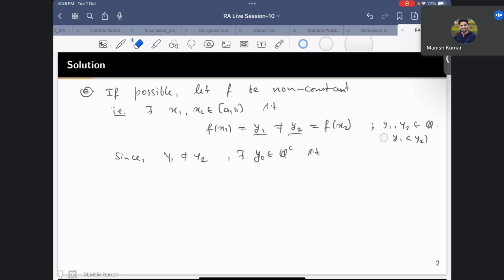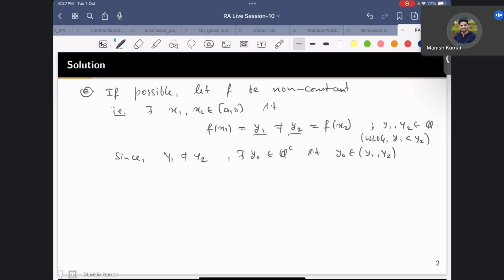Without loss of generality means you can assume one of the cases. If y2 is less than y1, the same thing would work, because they are symmetric. So between these two points there will exist some irrational number. That's all I am saying.